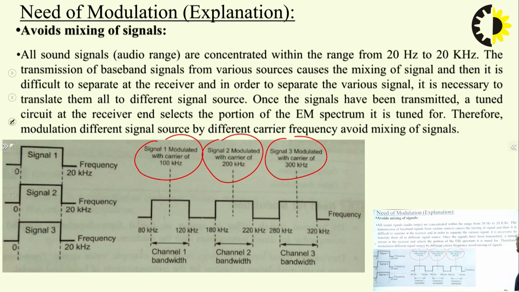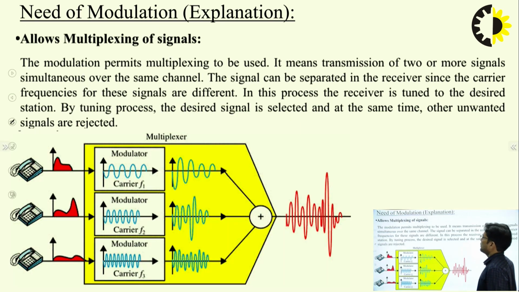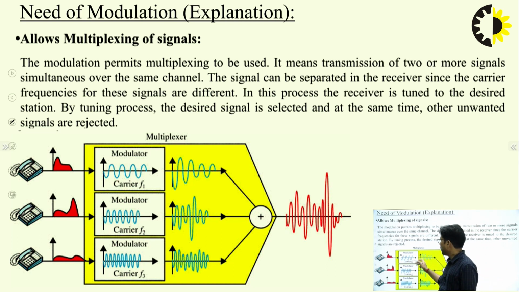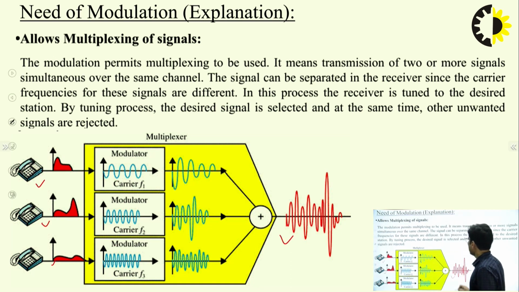This is another advantage of the modulation process. Next is allows multiplexing of signals. With the help of different carrier frequencies, we can transmit multiple signals over a single channel. It is possible with the help of the modulation process only.